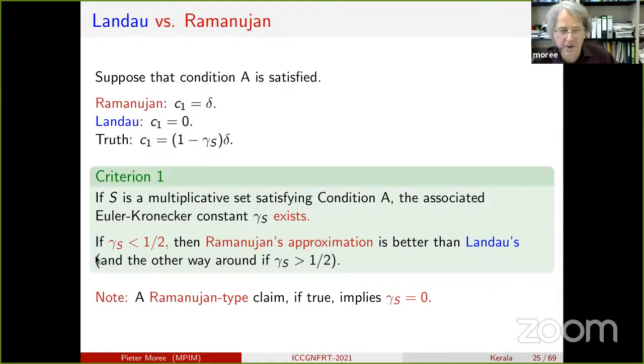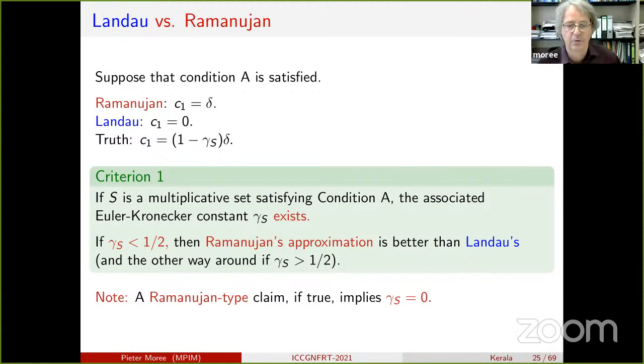And so we arrive at the following easy-to-remember condition: if the Euler-Kronecker constant of your multiplicative set S is less than a half, then the Ramanujan approximation is better than the Landau one, and it's the other way around if the constant is greater than a half. And if it's precisely a half, then there is no decision.